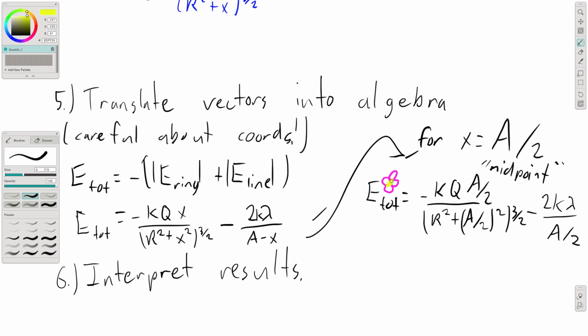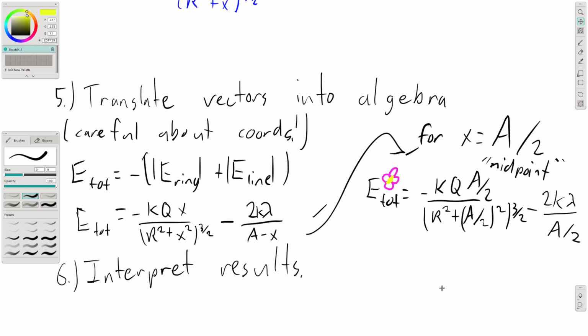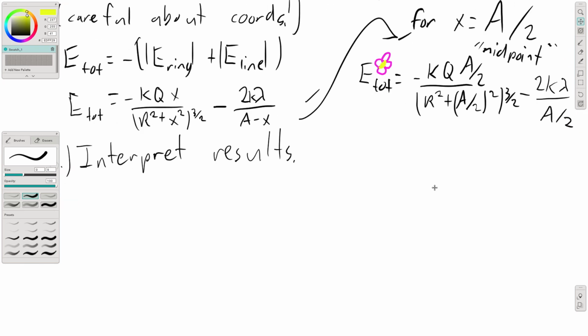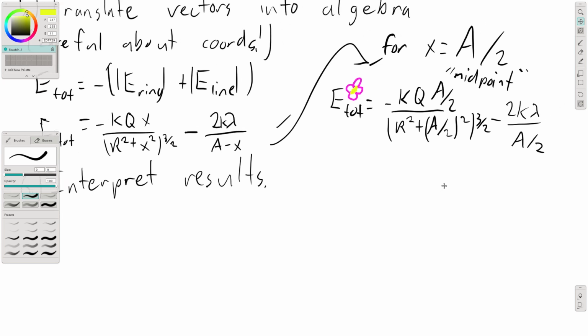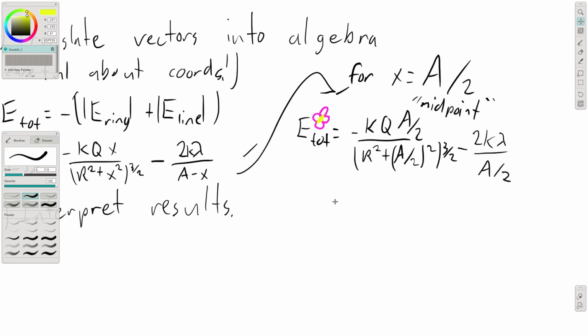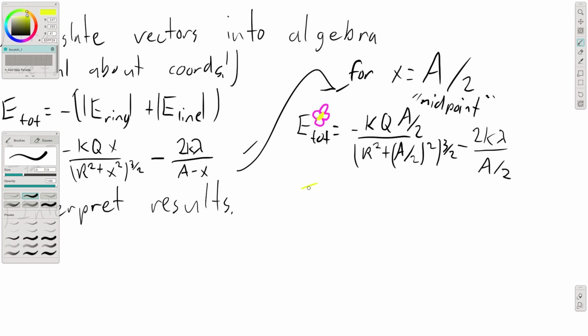Okay. Now, does this answer make sense? Interpret our results. So in general, this result interpretation can be a little more complicated than this one, but in this case, we had a relatively simple field because everything was on the same axis. So I look at E total, and I could ask some questions about it. I could ask, in what direction is it pointing?